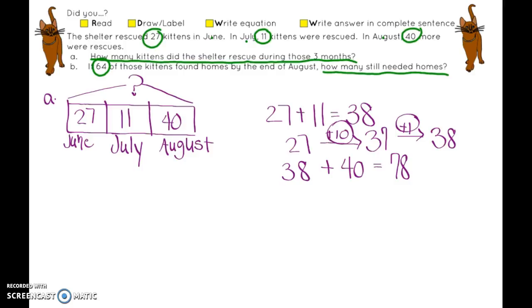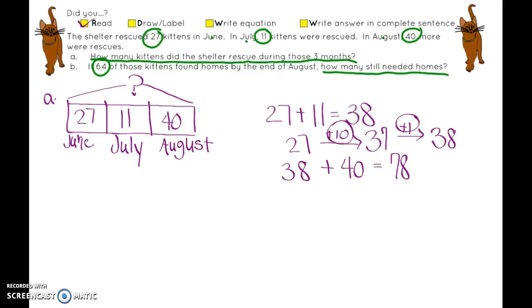Next, I took the 38 and added it to 40. When I did this, I simply counted by tens 4 times. So I had 38, 48, 58, 68, 78, making my final answer 78 kittens.